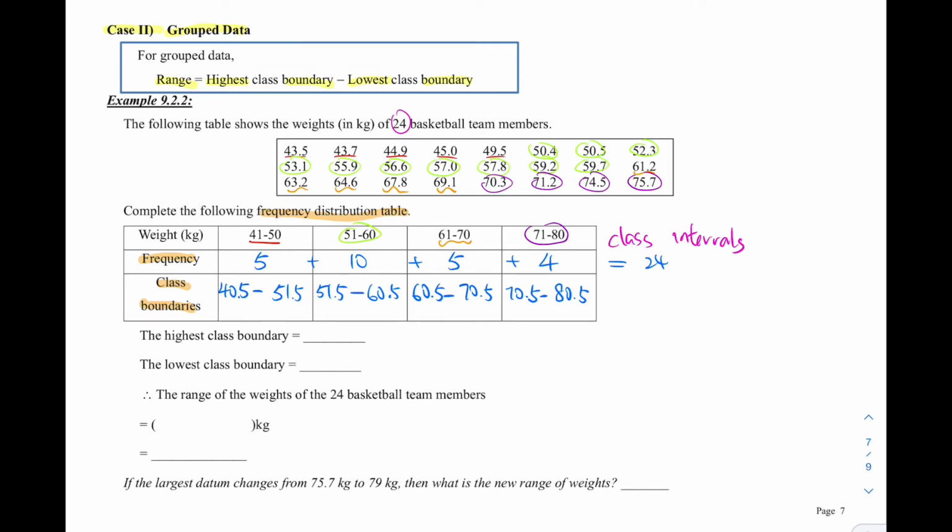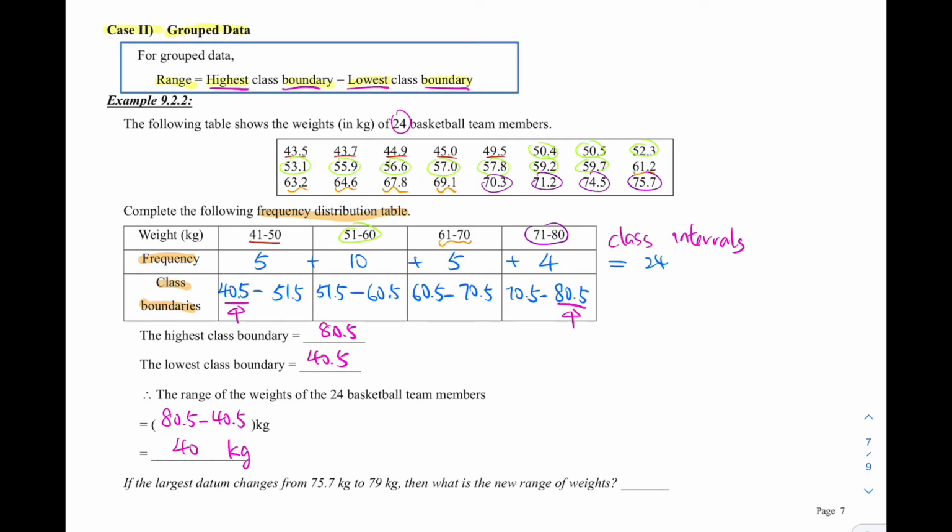So here, we try to find the highest class boundary, which should be 80.5, and the lowest class boundary should be 40.5. So for this grouped data, we can find the range by 80.5 minus 40.5, and we got 40 kg. This is the answer for this case.